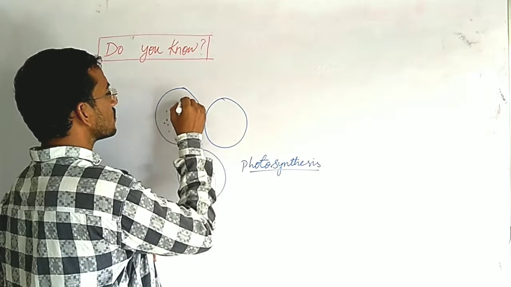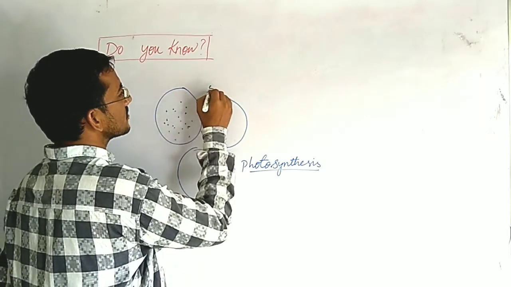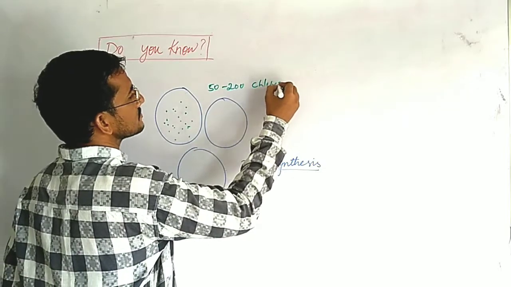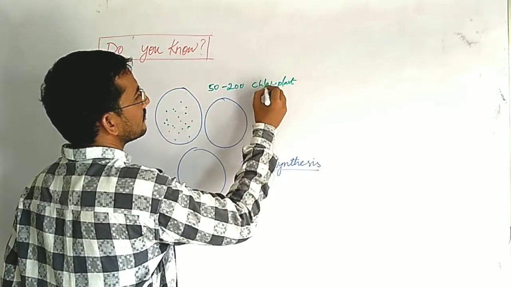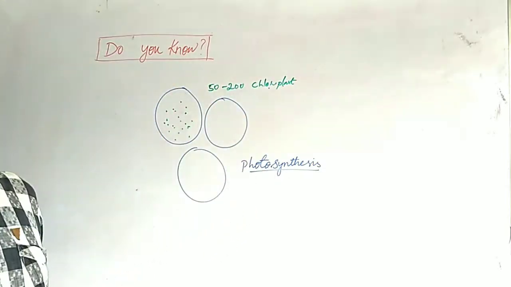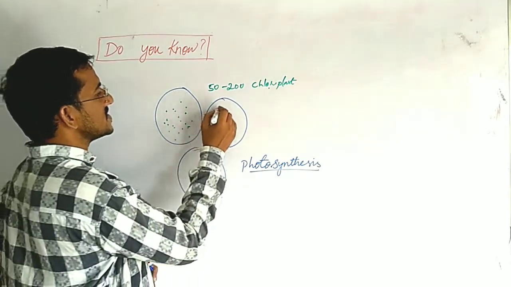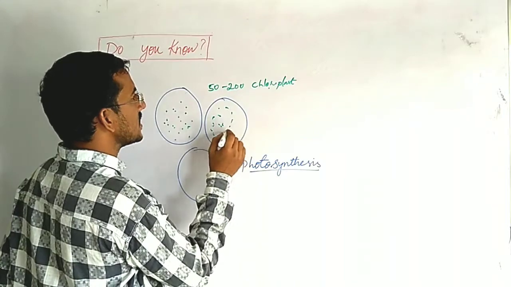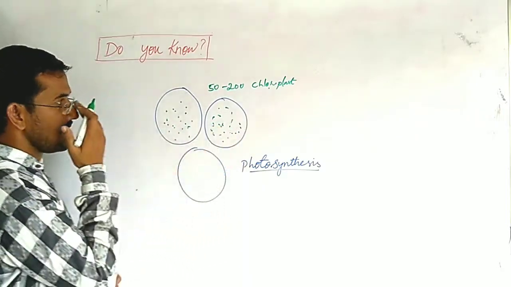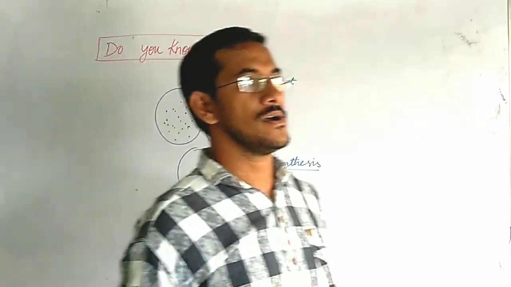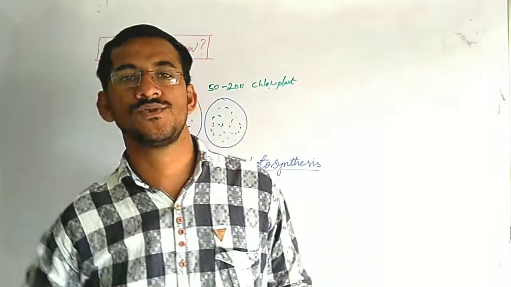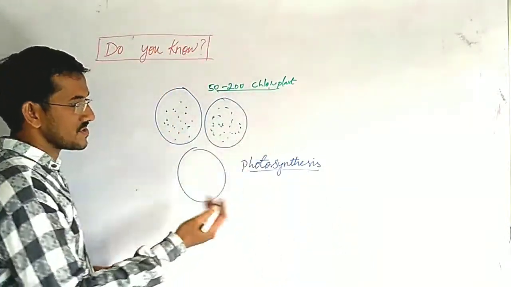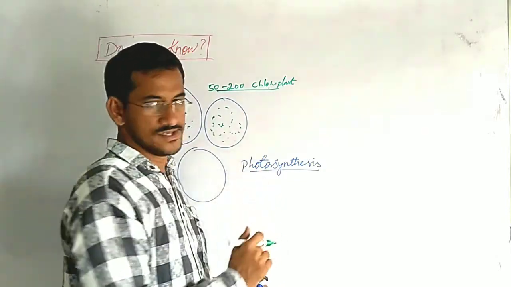So how many chloroplasts are present? Nearly 50 to 200 chloroplasts are present. So the cells which help in photosynthesis contain this many. For example, you take a matured stem. A matured stem doesn't have this many chloroplasts because it does not help in photosynthesis.